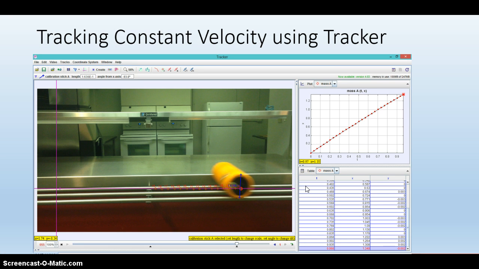How we're going to do this is with a program called Tracker. Tracker will get the velocity of my foam roller, and we can track its position over time.